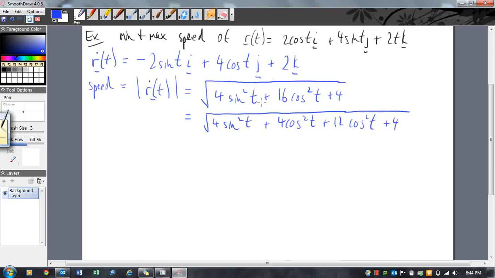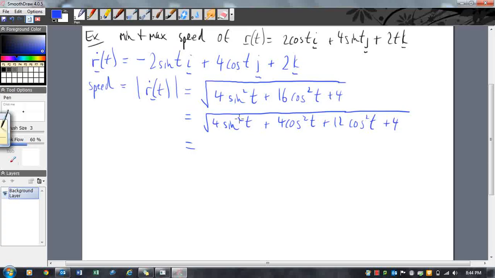The reason I've done that is, whenever you're finding minimums and maximums and things like that, we don't like having a sine and a cos in there. We want them to be both the same, or the one function, because they're very hard to distinguish because they're different values for different values of t. Very hard to think about. So what I've done is put 4 sine squared t plus 4 cos squared t. Why have I done that?